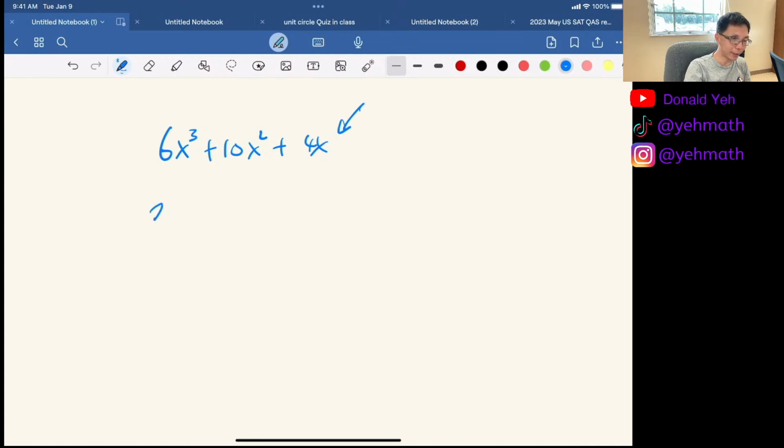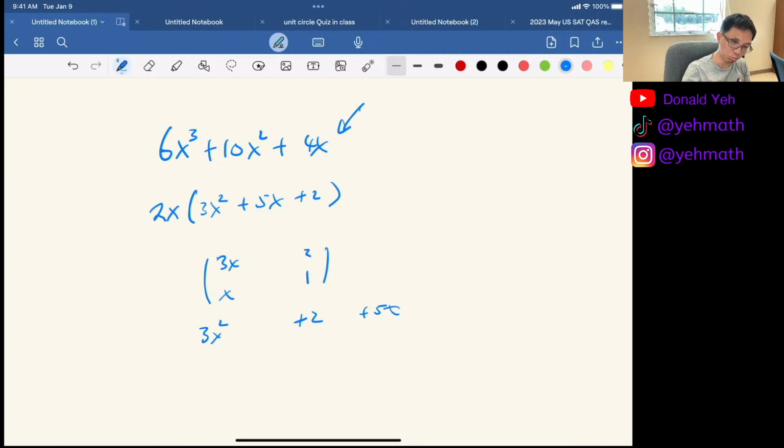So let's take out a 2x. Did you take out 2x? So that's 3x squared plus 5x plus 2. Then for 3x squared plus 5x plus 2, it's 3x and x, and obviously you want a 2 and 1.